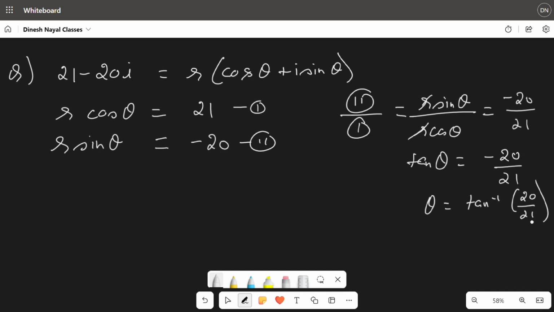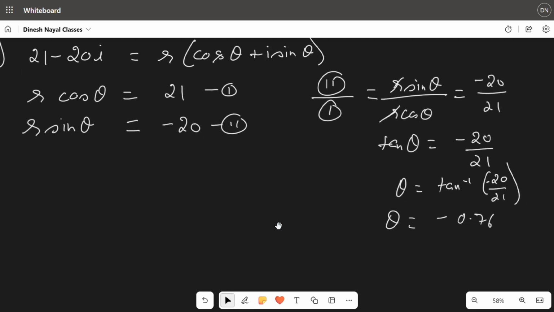Okay, now substituting this in the calculator. So shift tan inverse of minus 20 upon 21, bracket close. You are getting theta as minus 0.76.